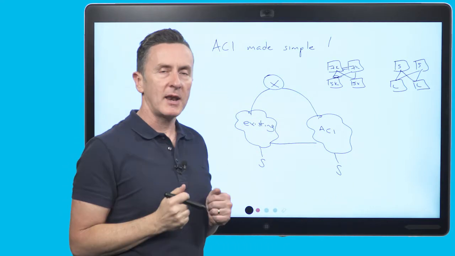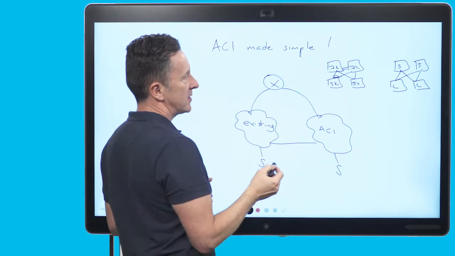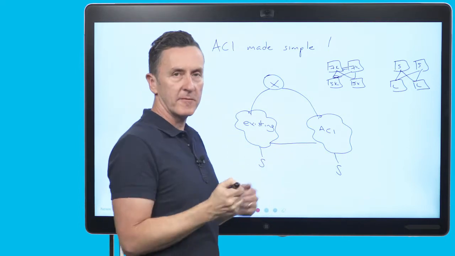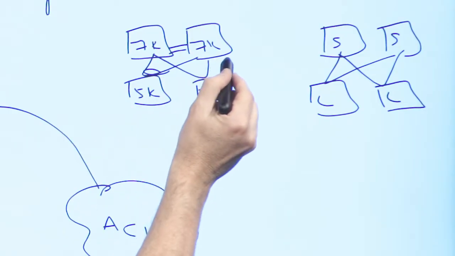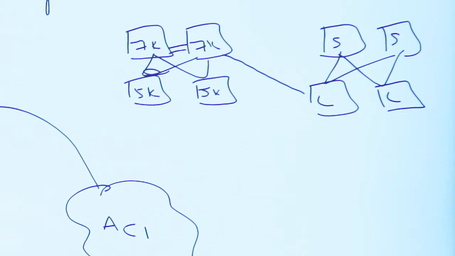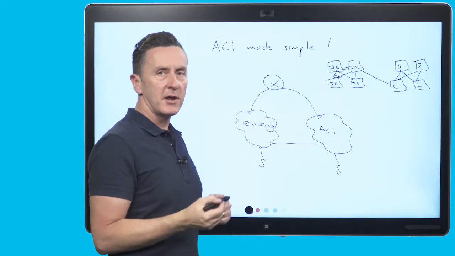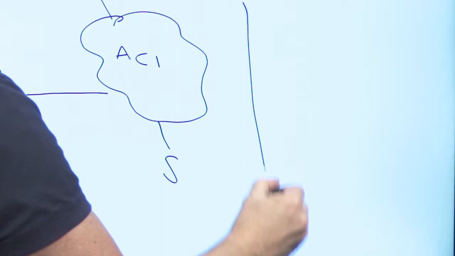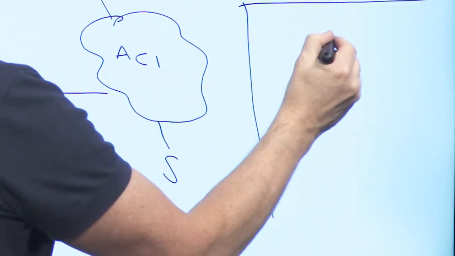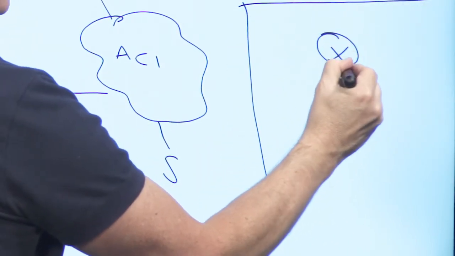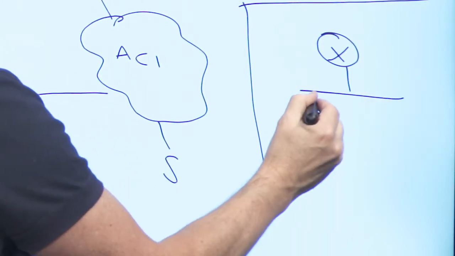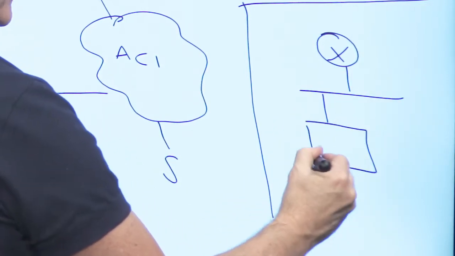So to do, first of all, my layer 2 connectivity, all I need to do is take a cable, take a virtual port channel, and connect my existing infrastructure into a leaf switch. And on ACI, it will look like this. I will have my tenant, and inside my tenant, I'll have a VRF, I'll have my bridge domain, and I'll have my EPG.